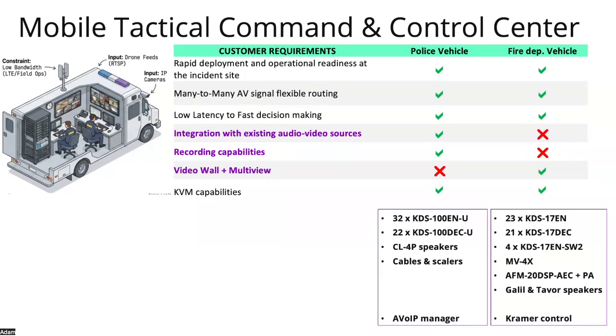Why? Because in this police vehicle, we also needed access to video from drones, for example. So there are drones flying somewhere, streaming the signal through H.264, and our decoders in the police vehicle, in this bus, are decoding the signal and showing it on the operator stations.